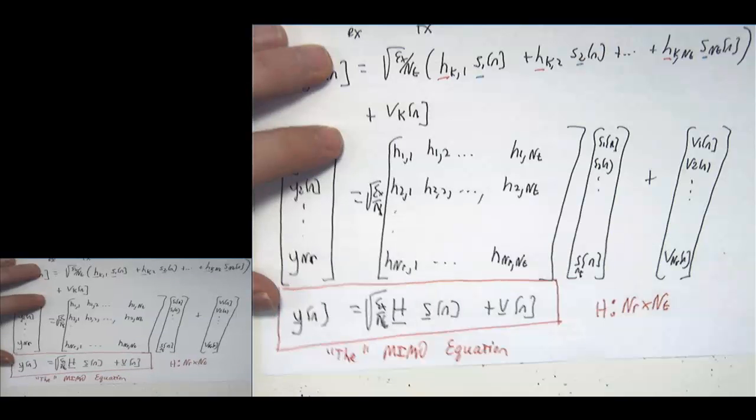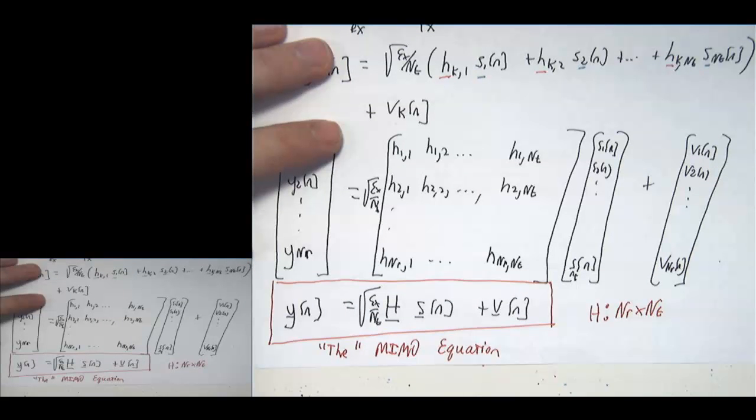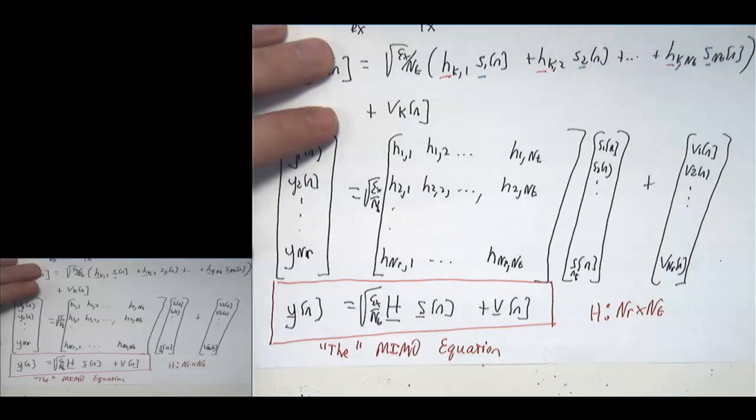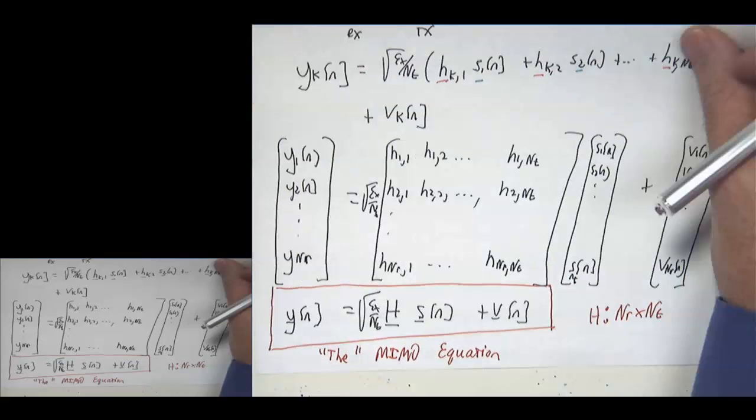Most every paper you see on MIMO has some variation of this equation, sometimes without the power normalization. But most papers that have flat fading have more or less this equation. Okay, so that's the spatial multiplexing system model.